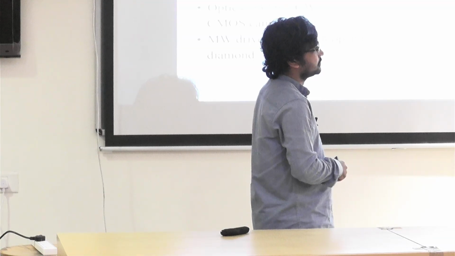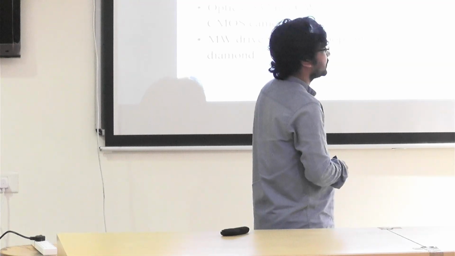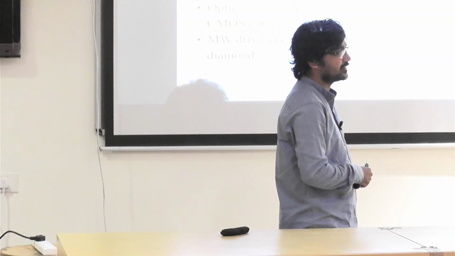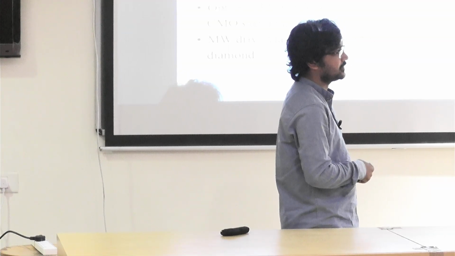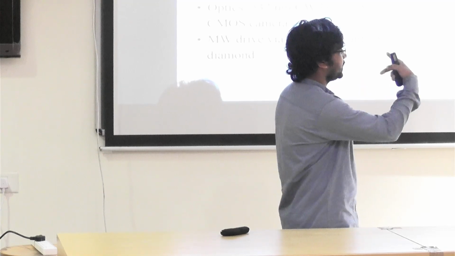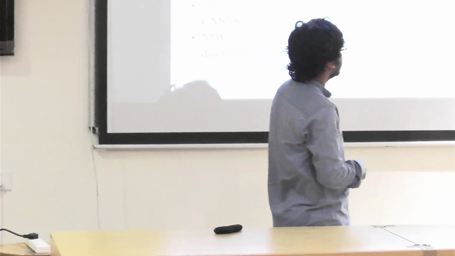And why don't we care about the other families of NV? It's related to the previous talk. We align the B field along the axis of one NV family. Why do we not care about the other? Look, you should remember what was said in the previous talk.